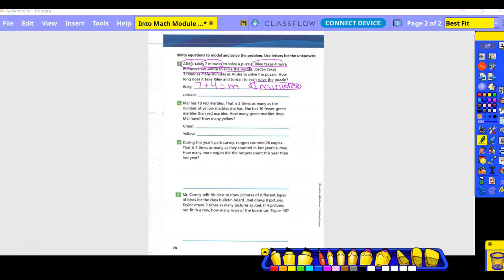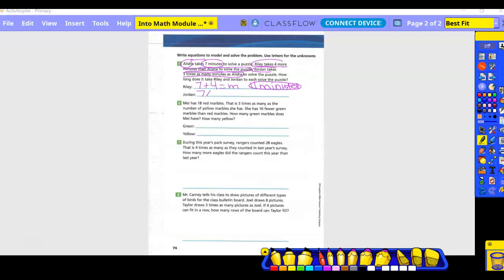Okay, so now we found Riley, and then Jordan takes 3 times as many minutes as Alicia. So am I using the 11 minutes or am I taking the 7 minutes? The 7. So I'm going to put 7 by adding, subtracting, multiplying, or dividing.